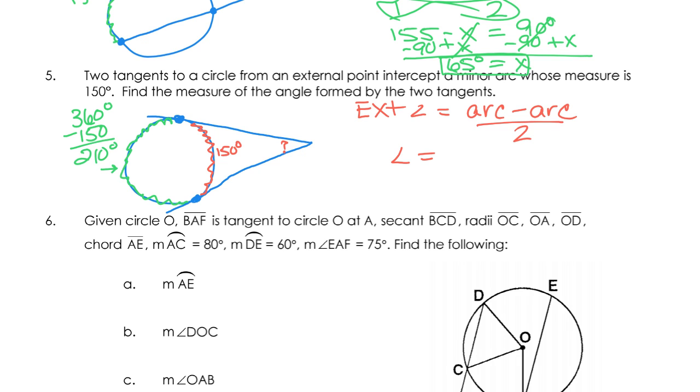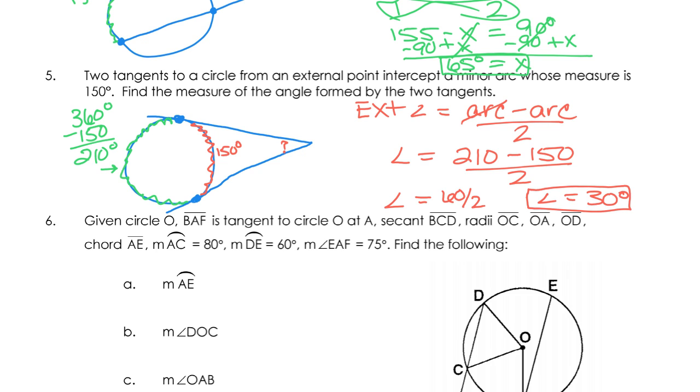Now we replace the bigger outer arc with 210 minus my inner arc of 150, and then divide by 2. 210 minus 150 is 60, and 60 divided by 2, our angle comes out to equal 30 degrees.